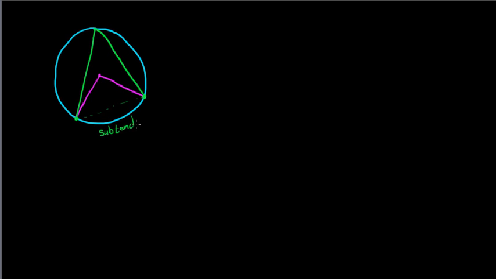What's subtends? It just means it forms the basis of, it underlies. Sub means it's at the bottom, and tend means to extend. Subtend means it's at the bottom of.